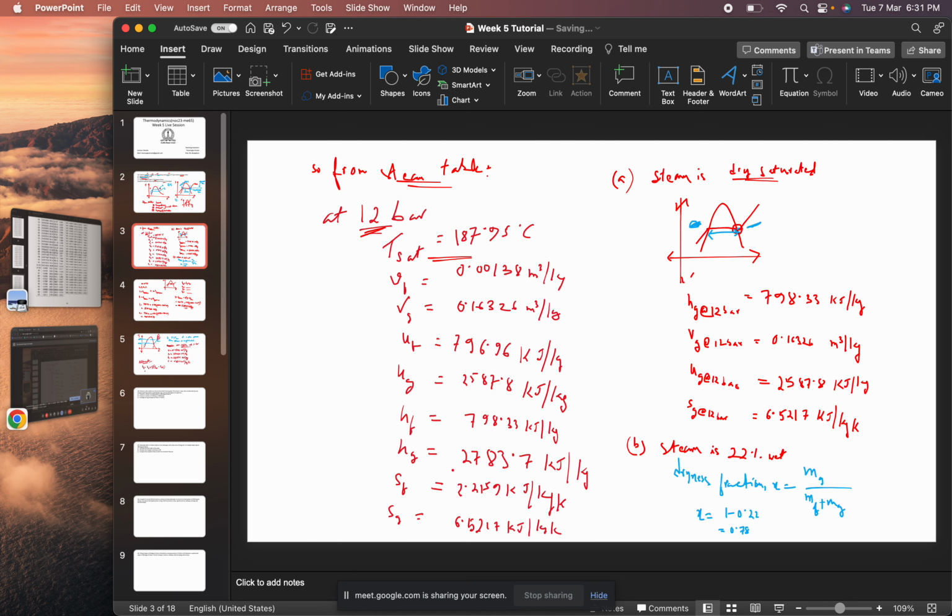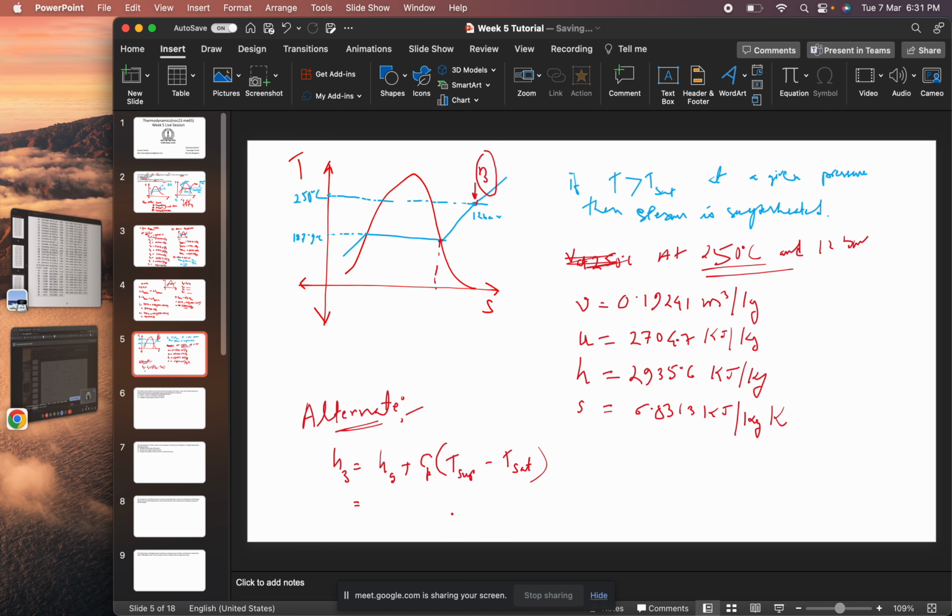The Hg value is 2783.7, and my Cp value is 2.25. T superheated is 250, and T saturated is 187.9.